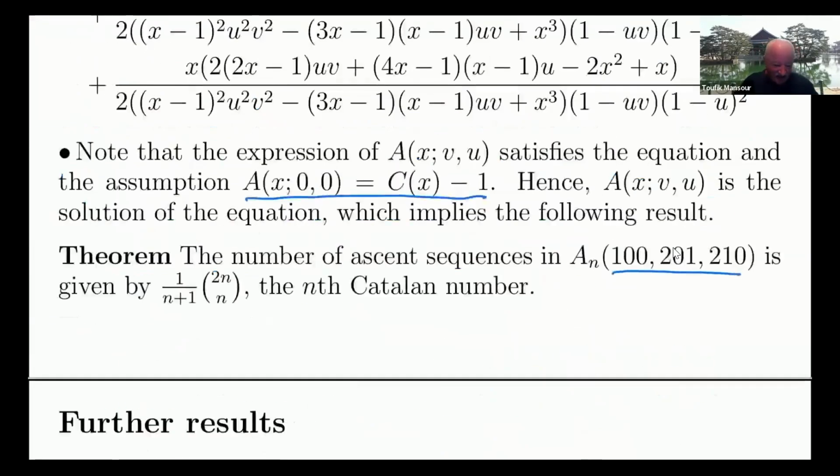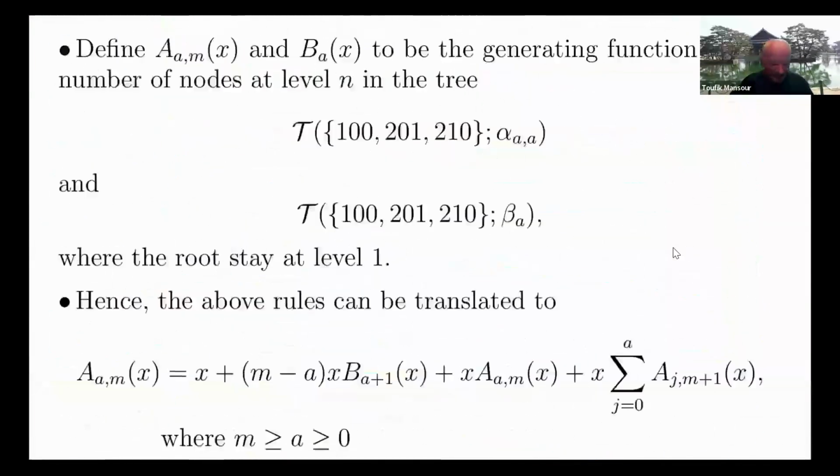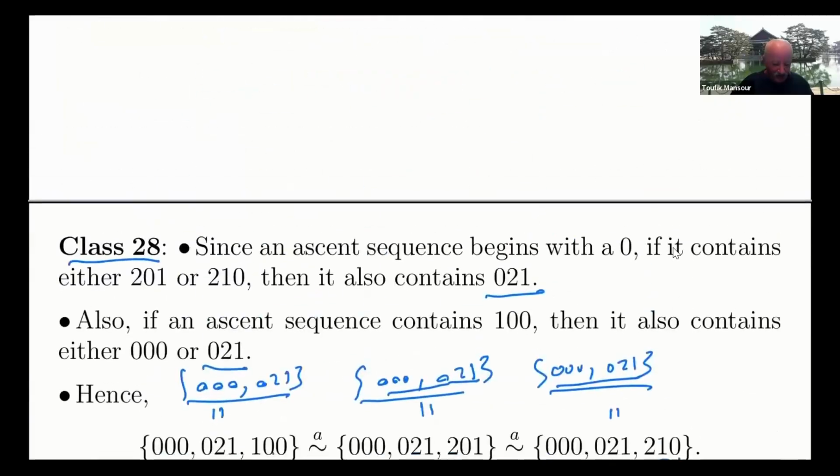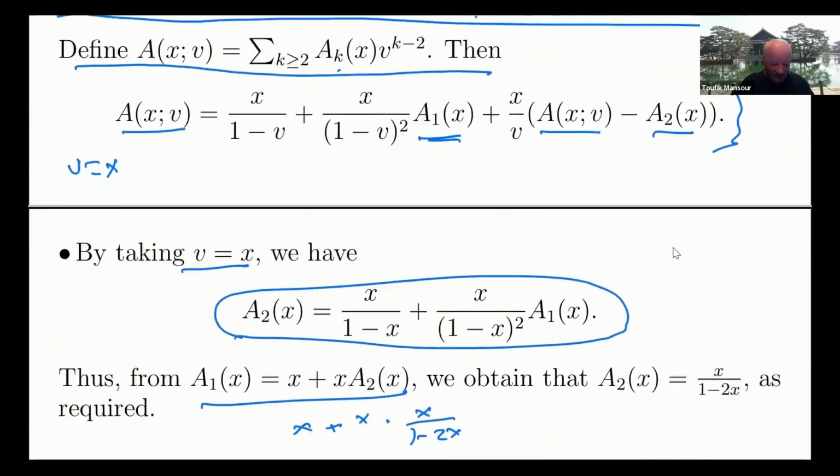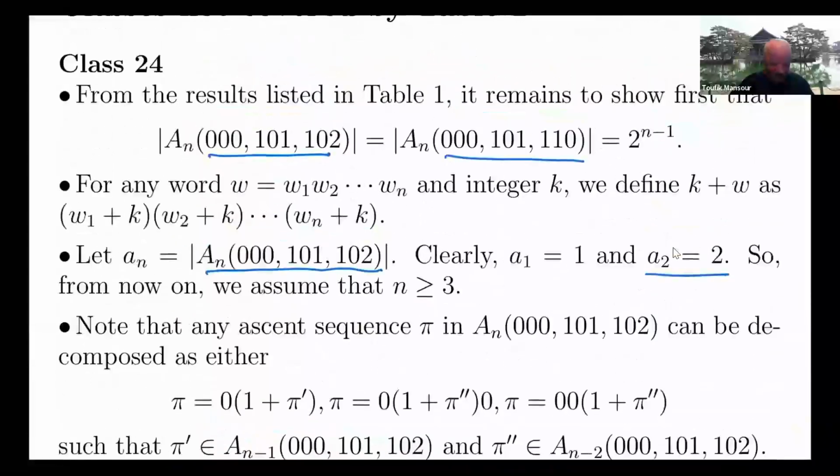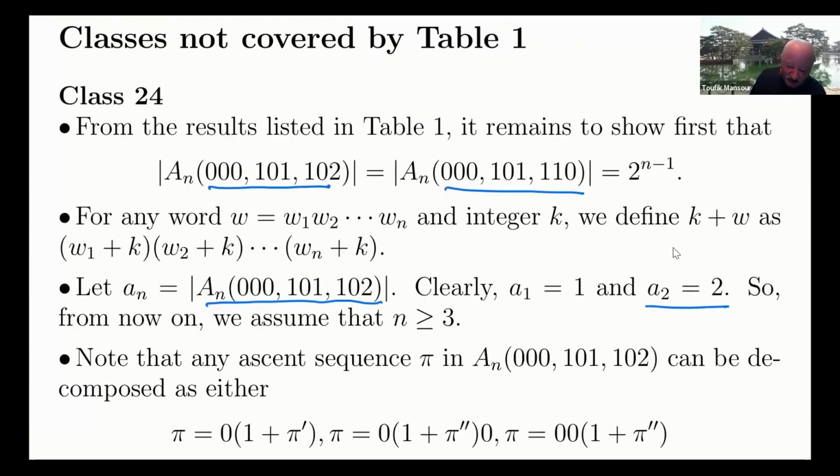For example, you see, in one case I showed you this one. So in this case, I get the same number, right? So that means the number of sequences avoiding these 3 patterns is the same as the number of permutations.